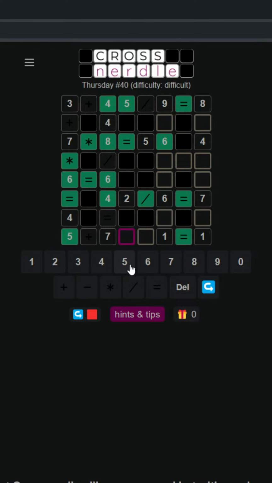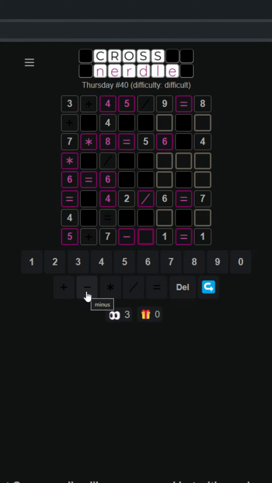This is probably like... I don't know. 7... Wait, 5 plus 7 is 12, minus 11 is 1. It wasn't even an order of operations problem. I'm just delusional.